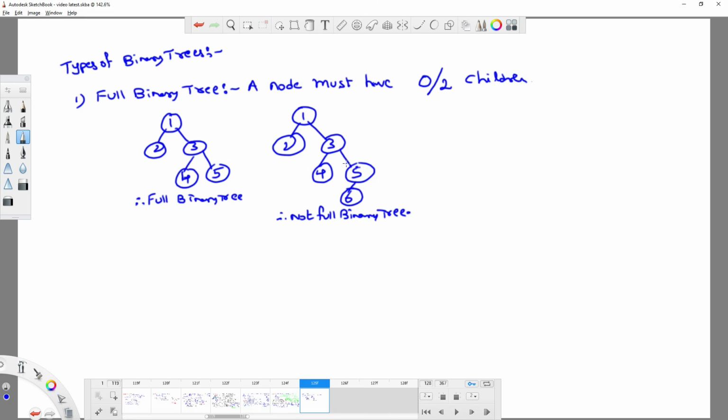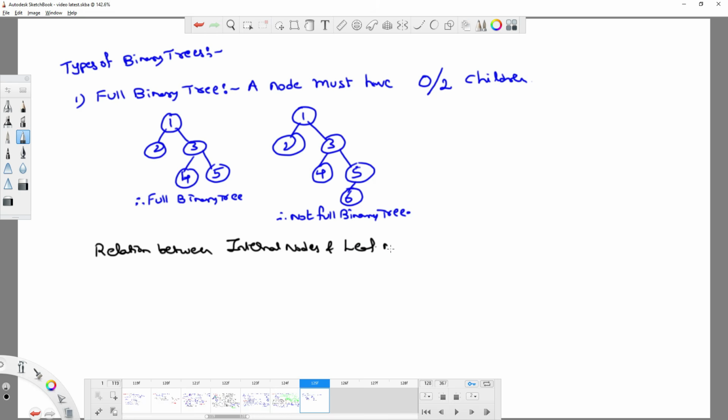If I say this is the full binary tree, then can you define some relation between the internal nodes and the leaf nodes? So we'll try to derive some relation between internal nodes and leaf nodes.